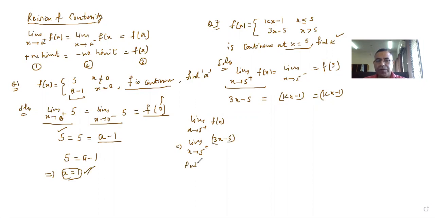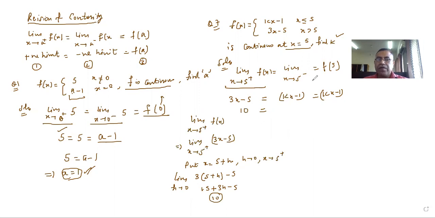So put x equal to 5 plus h. When h goes to 0, x goes to 5 positive. So limit h tends to 0, 3 times 5 plus h minus 5, so this is 15 plus 3h minus 5. h tends to 0, so it will be 0. 15 minus 5, this is 10.